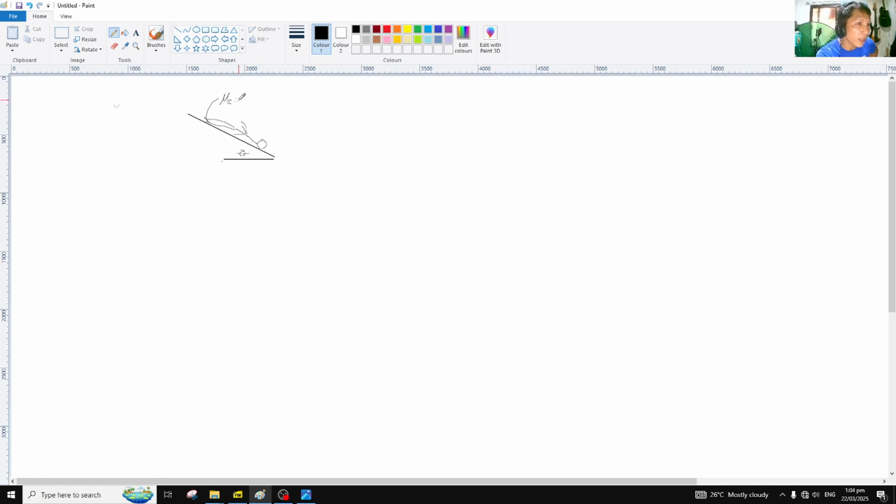Of course, they should calculate this one. This is a constant for surfaces in contact. So given from the problem, that is 1.20. So what is the maximum angle?